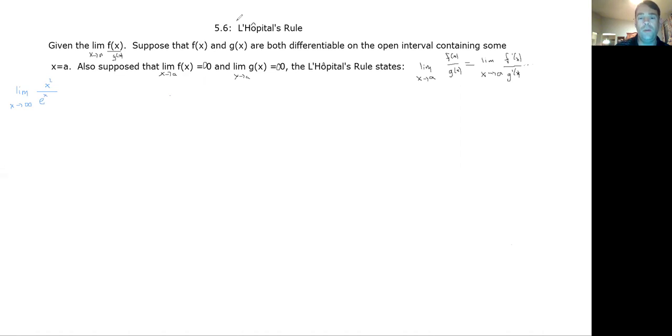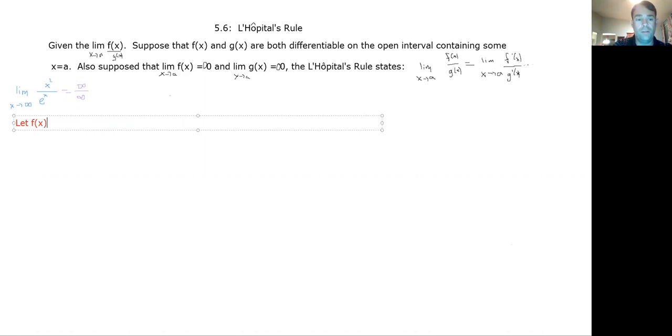And if I plug in my infinity in here, I end up with infinity squared, which is infinity. E to the infinity is infinity. It's indeterminate, can't be done. So we're going to use our L'Hopital's. Just like before, though, I have to make sure that I go ahead and set it up.